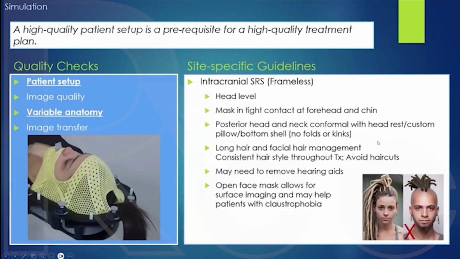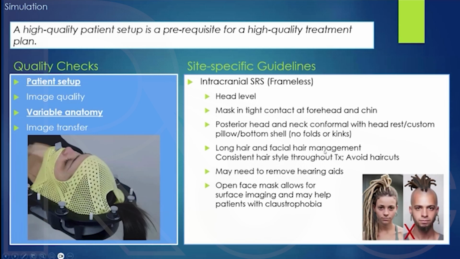Since that time, both at Emory and at other institutions, more and more radiosurgery on a LINAC has moved from frame to frameless. And so by frameless, what I mean is that the patient is now immobilized in a thermoplastic or an aquaplastic mask, as shown at left.